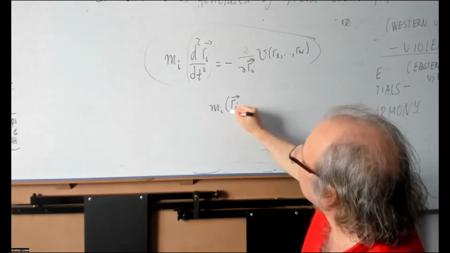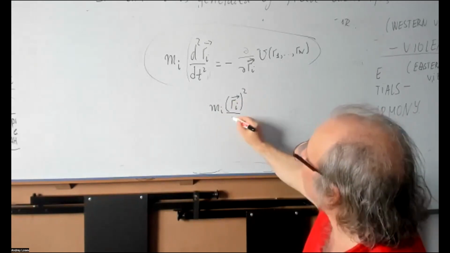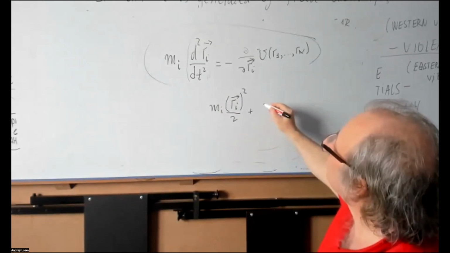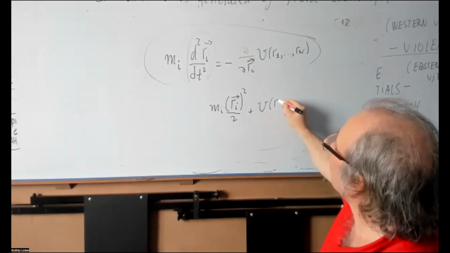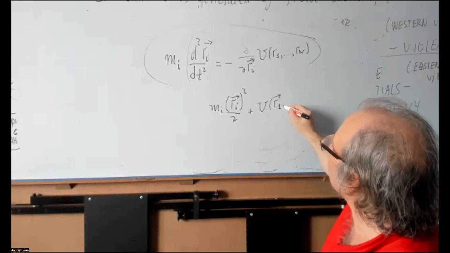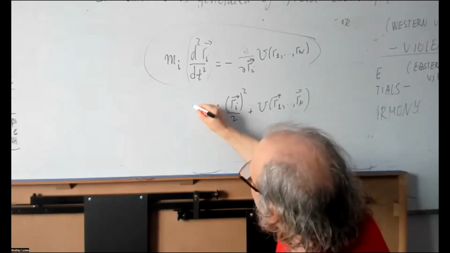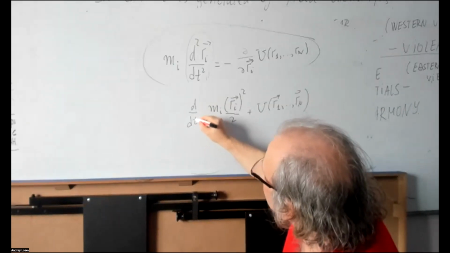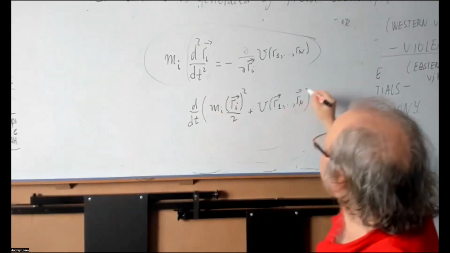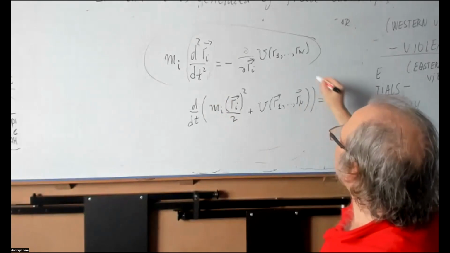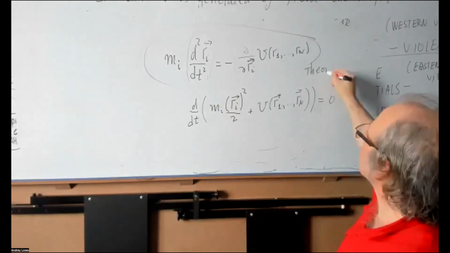The sum of m_i r_i-dot squared over 2 plus U of r_1 through r_n is conserved. It's a theorem.